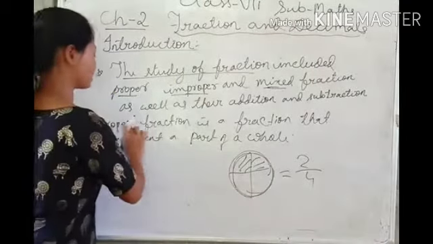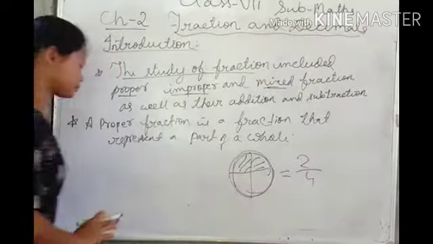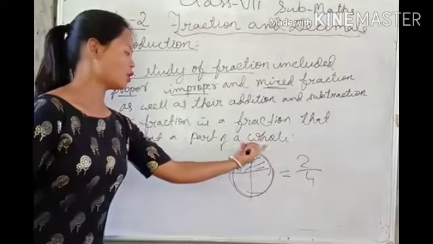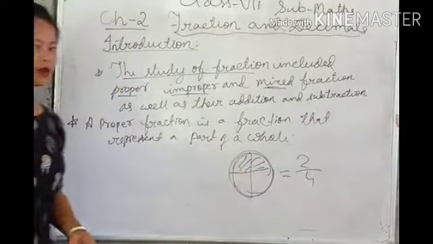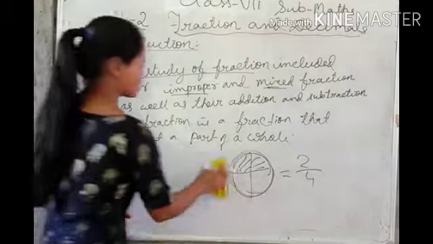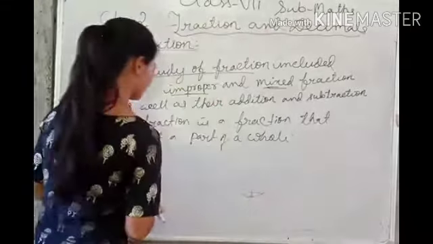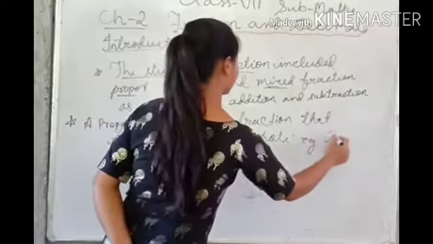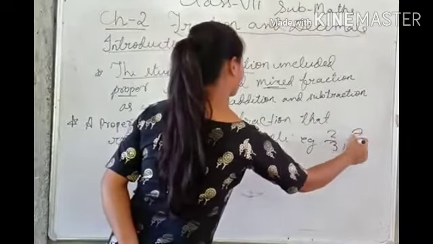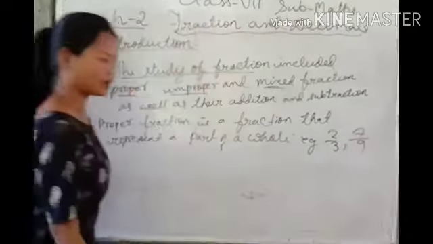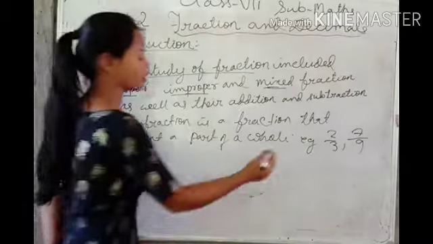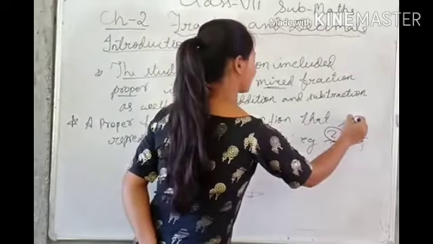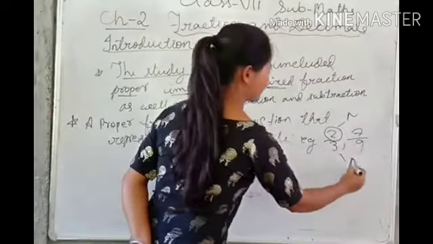So a proper fraction is a part of a whole. Examples are 2 upon 3, 7 upon 9. These all are examples of proper fraction. Here you can see this is the numerator and this is the denominator. The up one we say numerator, and the down one is denominator.